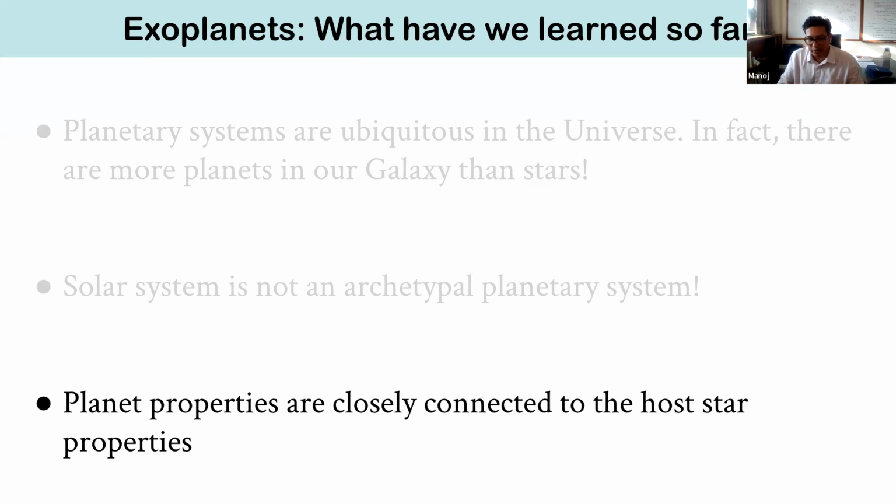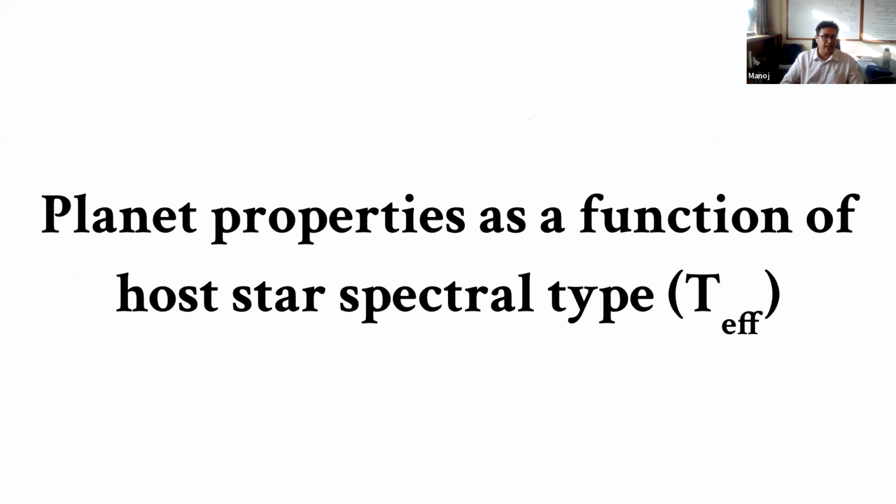Effective temperature you can measure directly, but the other quantities, metallicity and age, all have to be derived. They are not observables. Nevertheless, let's see the planet properties as a function of host star spectral type.